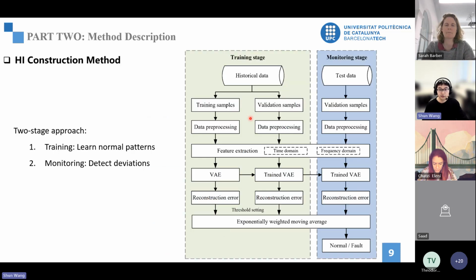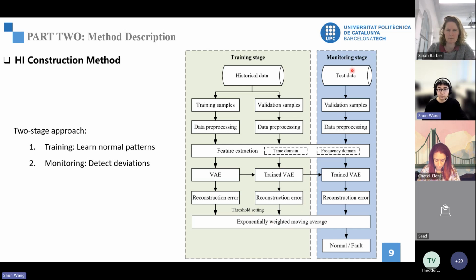As shown in this figure, our health index has 2 stages: training stage and monitoring stage. In the training stage, we use normal historic data to learn normal behavior. This stage involves data processing, feature extraction, VAE modeling, and EWMA smoothing with threshold setting.